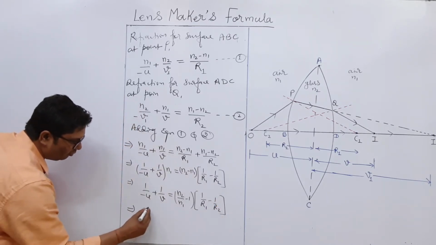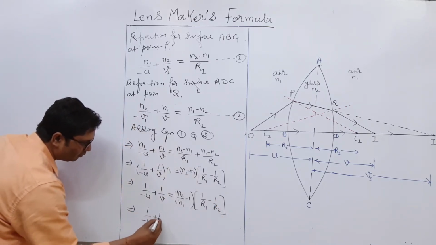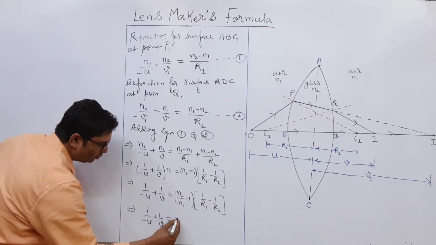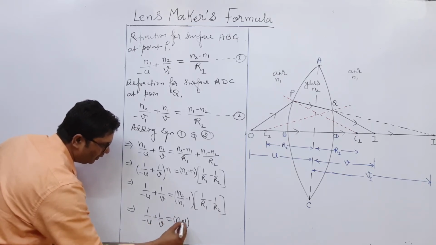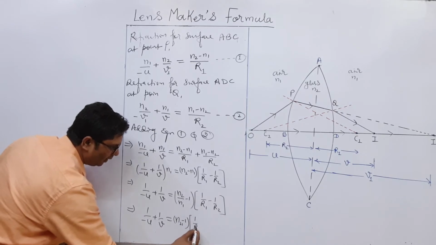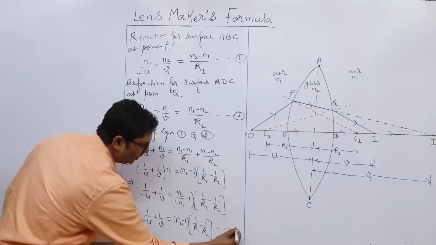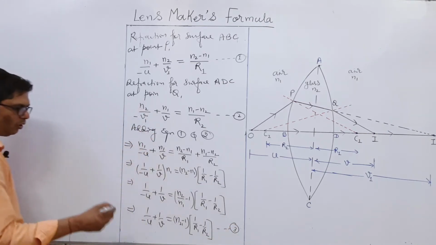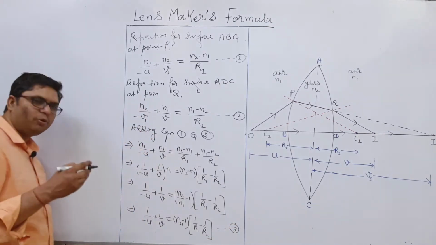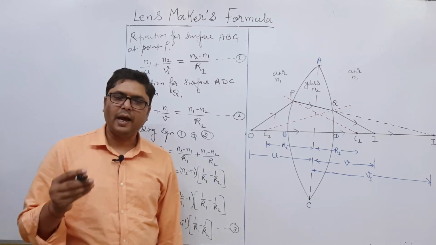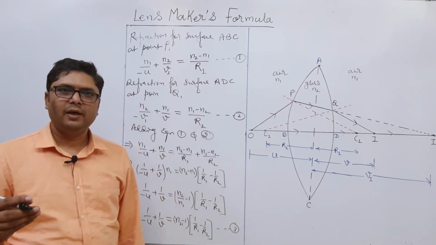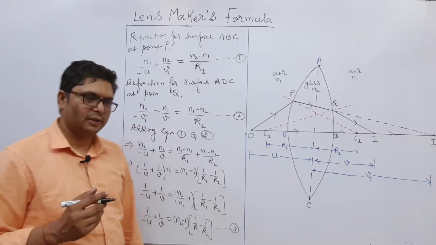Now this gives you 1 by minus U plus 1 by V is equal to n21 minus 1, under the bracket 1 by R1 minus 1 by R2. Let this be equation 3. Now when we put the object at infinity, the image will be formed at the focus.